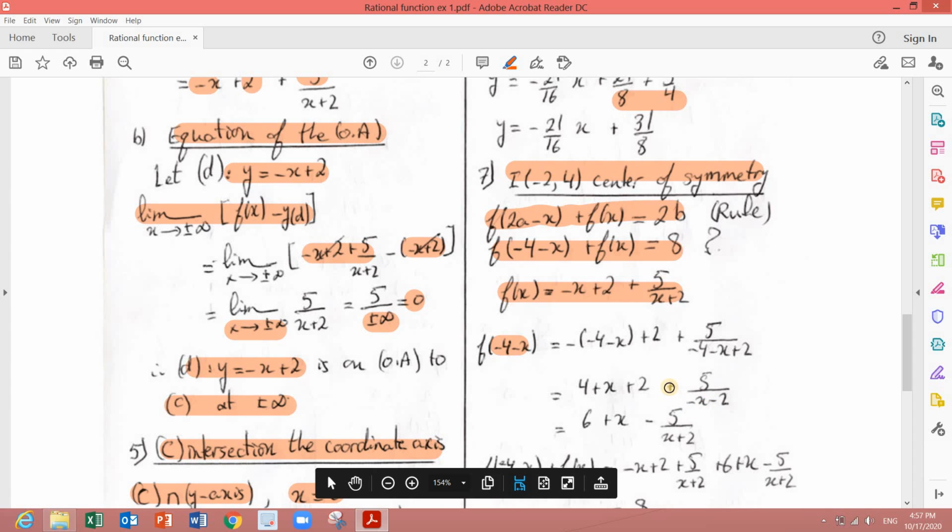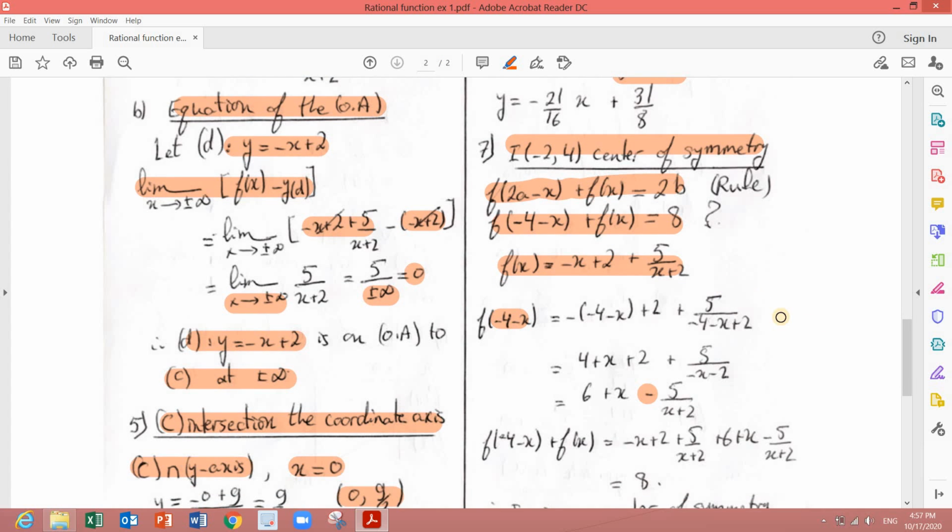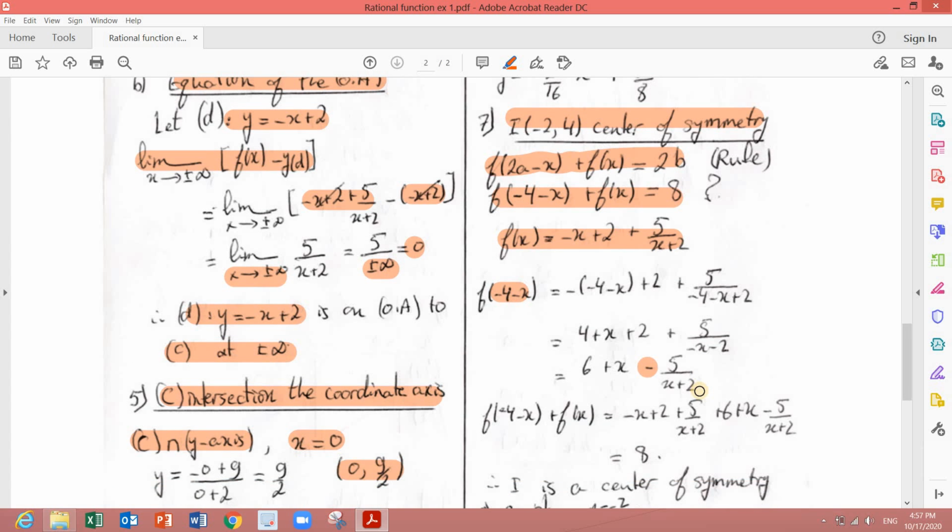I take the minus from the denominator and put it in the numerator. So f of minus 4 minus x is calculated by replacing each x by minus 4 minus x, removing the brackets, taking the minus from the denominator and putting it in the numerator, so minus 5 over x plus 2.